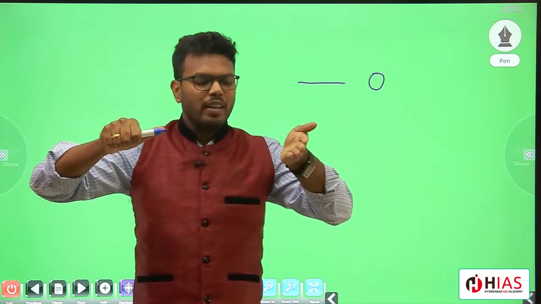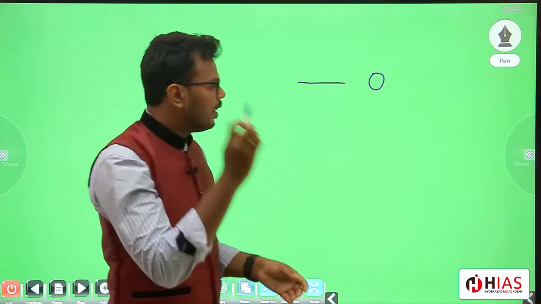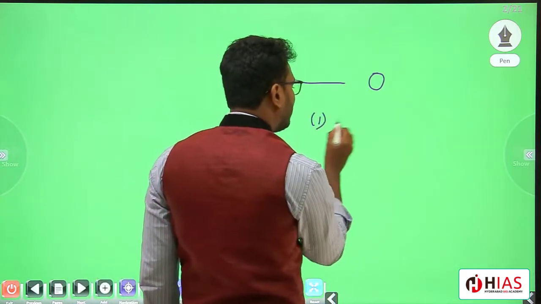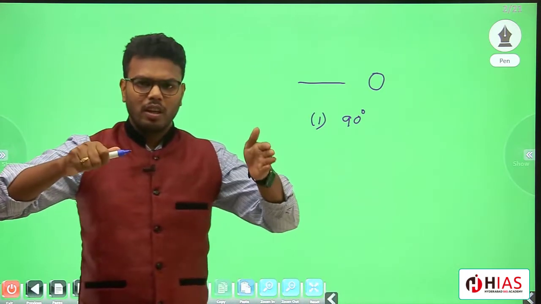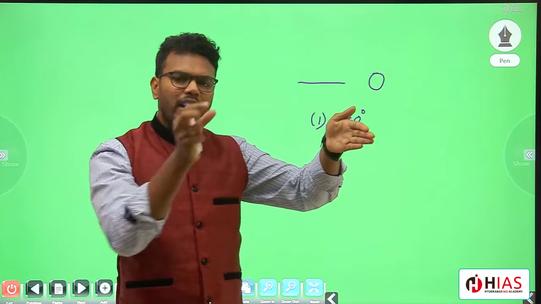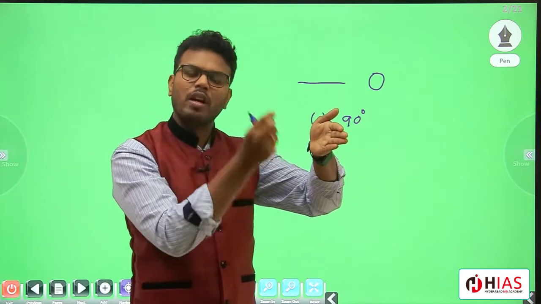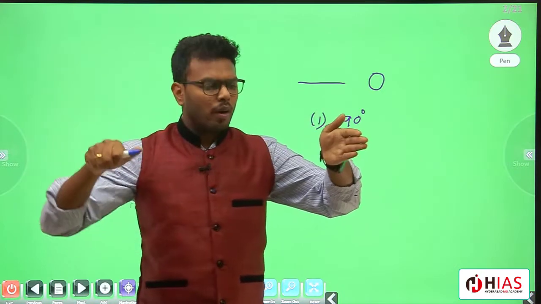In this case, my hand is exactly 90 degrees to the light, so the entire light is concentrated on one particular area. That is why the intensity will be more around this place.